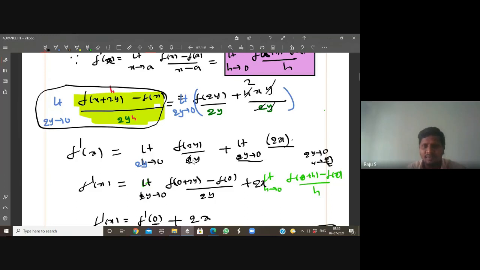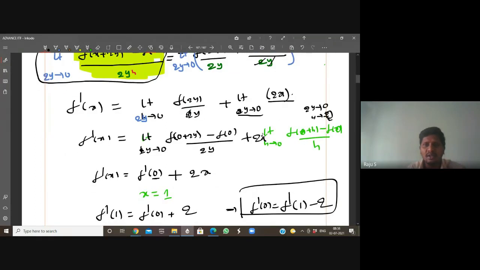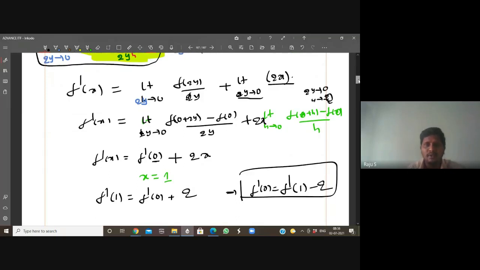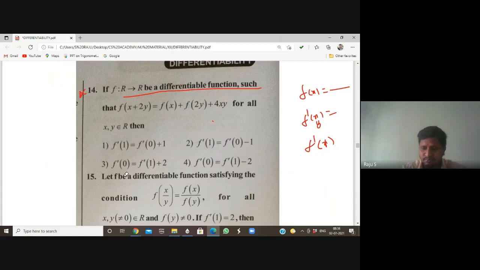In the same way, for f of 2y by 2y, I make it standard form, f of 0 plus 2y minus f of 0 by 2y. This also becomes f dash of 0 because in place of x, 0 is there. We found that f of 0 is 0, then the remaining 2x is a constant with respect to the y variable. Finally, I substituted x is equal to 1 and we got the answer. That's all, only three steps. Next question, 15th.